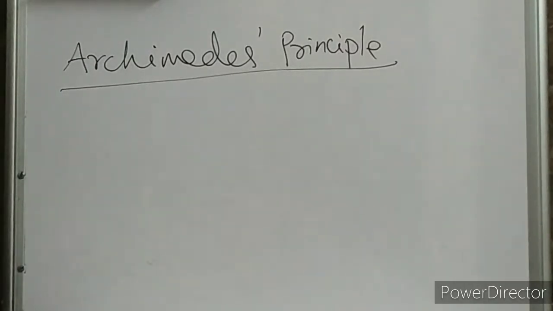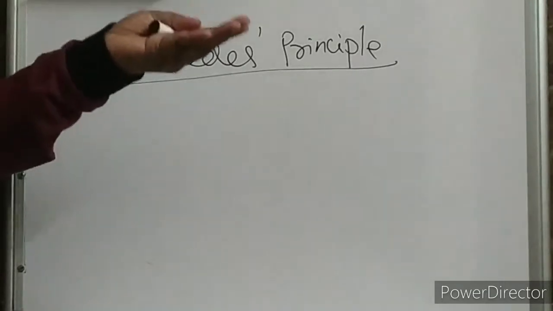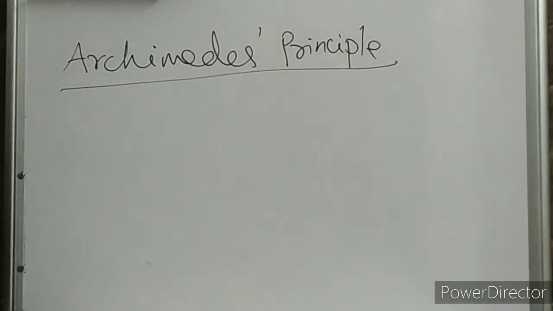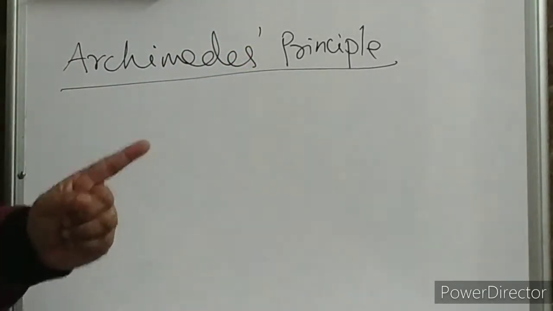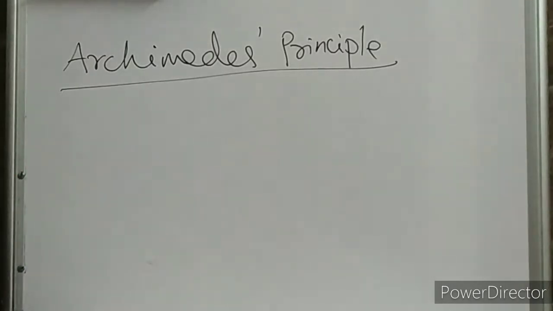When an object is fully or partially, fully meaning completely, immersed in a fluid, it experiences a buoyant force. Buoyant force is your upthrust, children. That buoyant force is equal to the weight of the liquid displaced by the object.